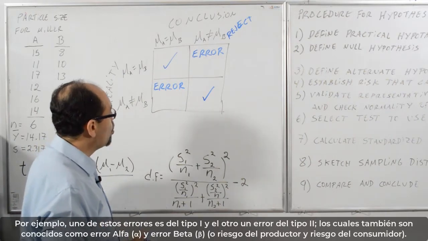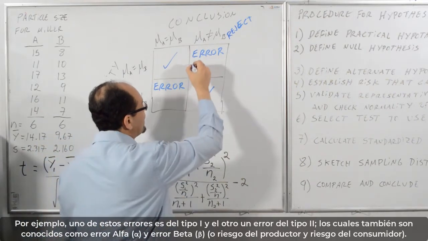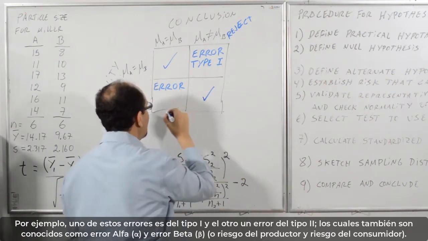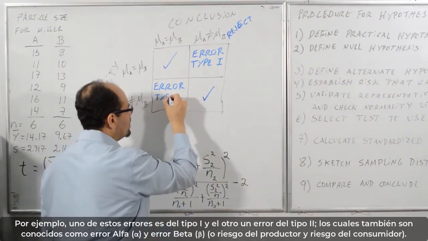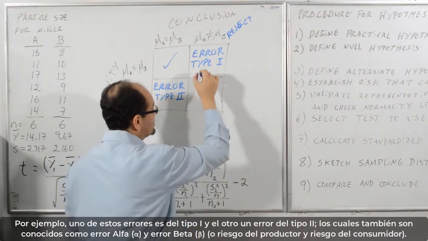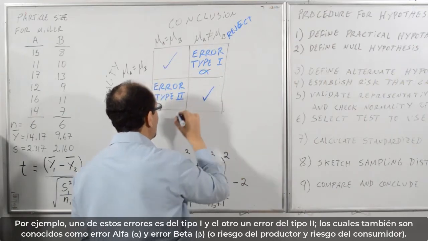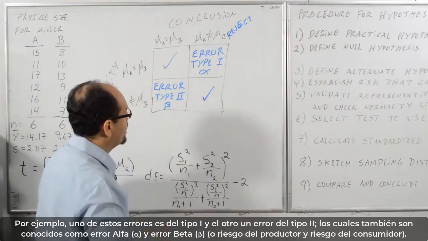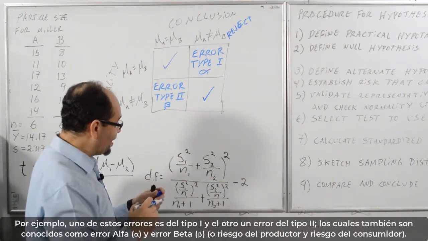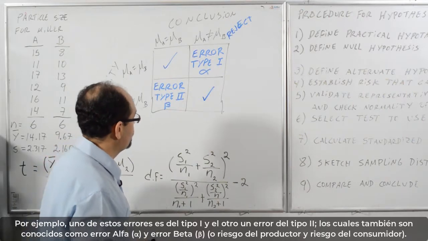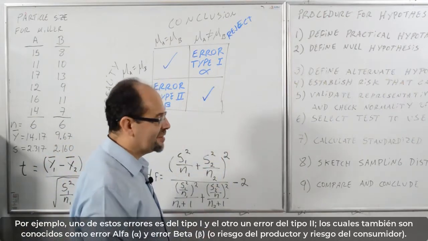For instance, one of them is error type 1 and error type 2. Also, this is known as error alpha and error beta. Or the supplier's error and the customer's error, for instance. So there are different ways that they can be called.